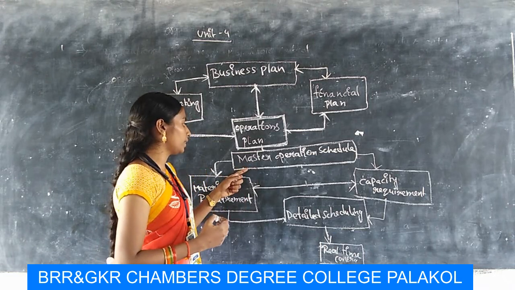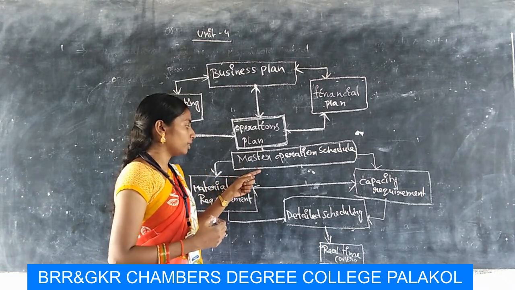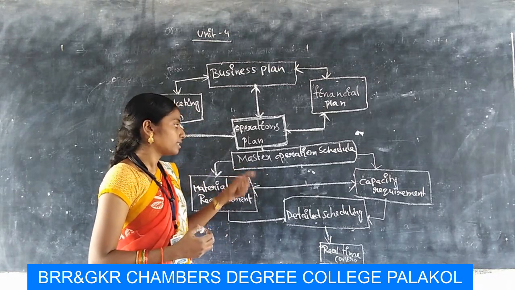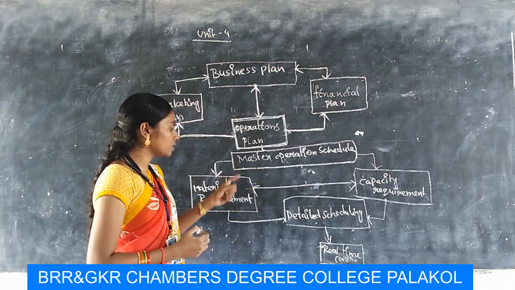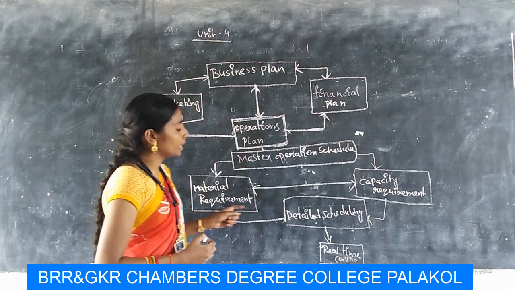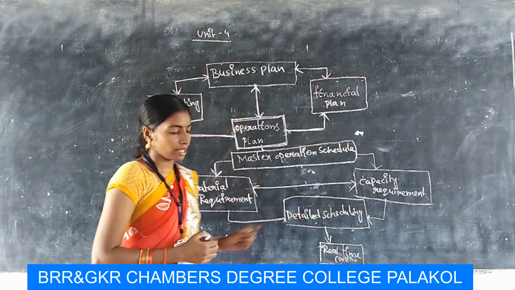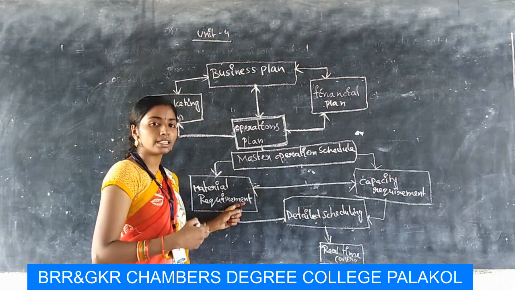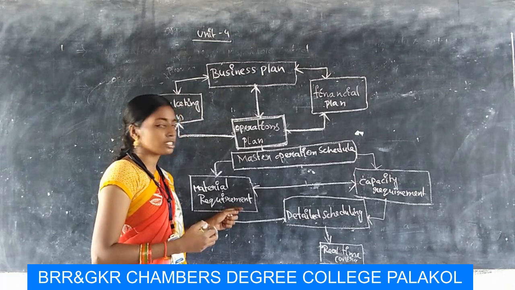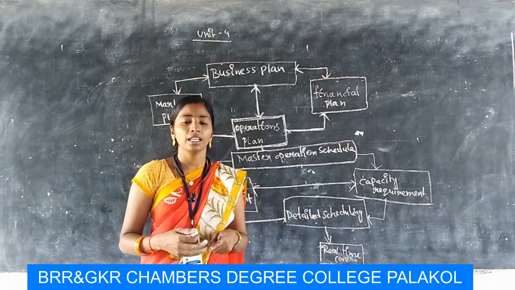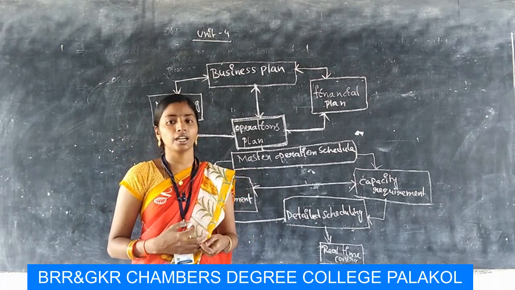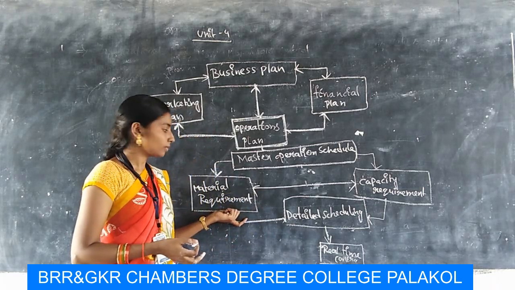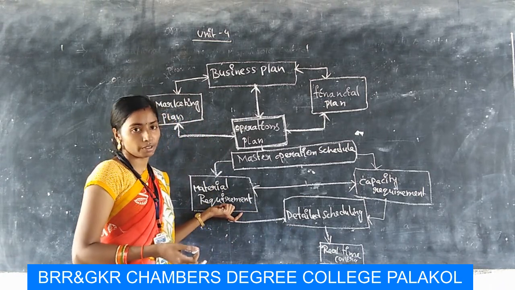All the operations regarding the business or relating to manufacturing come under the master operations system. It has two elements, material requirement and capacity requirement. Material requirement planning (MRP) is computer-aided software used in production planning, scheduling and inventory control, so that it is managed in a proper way.